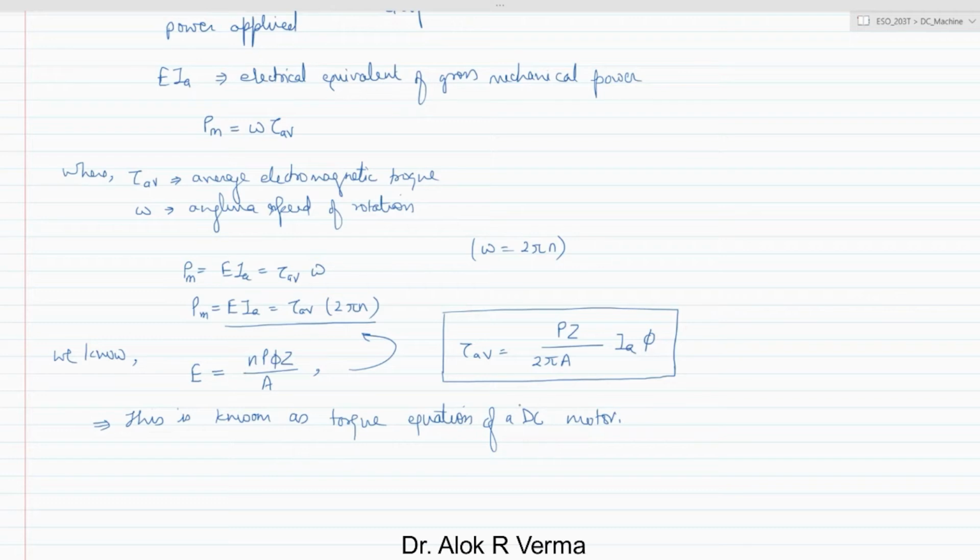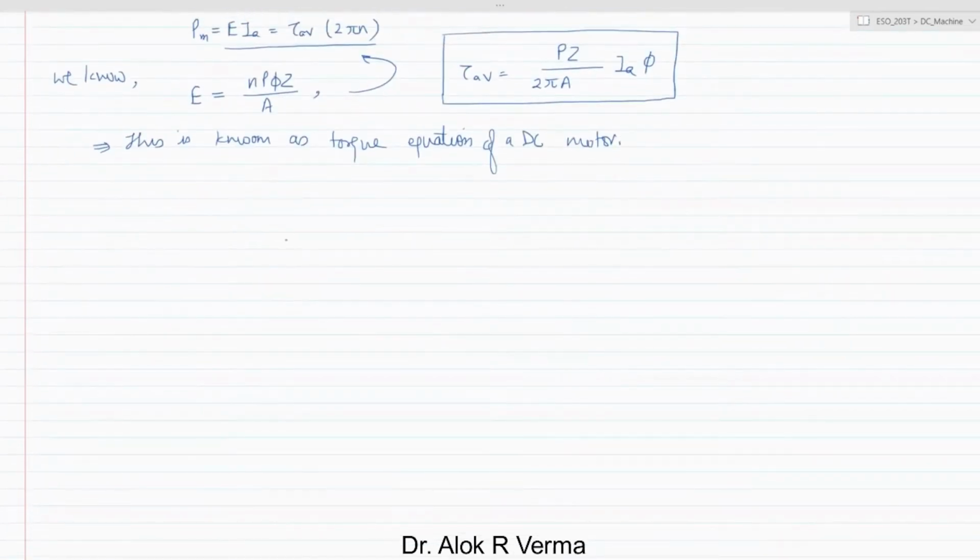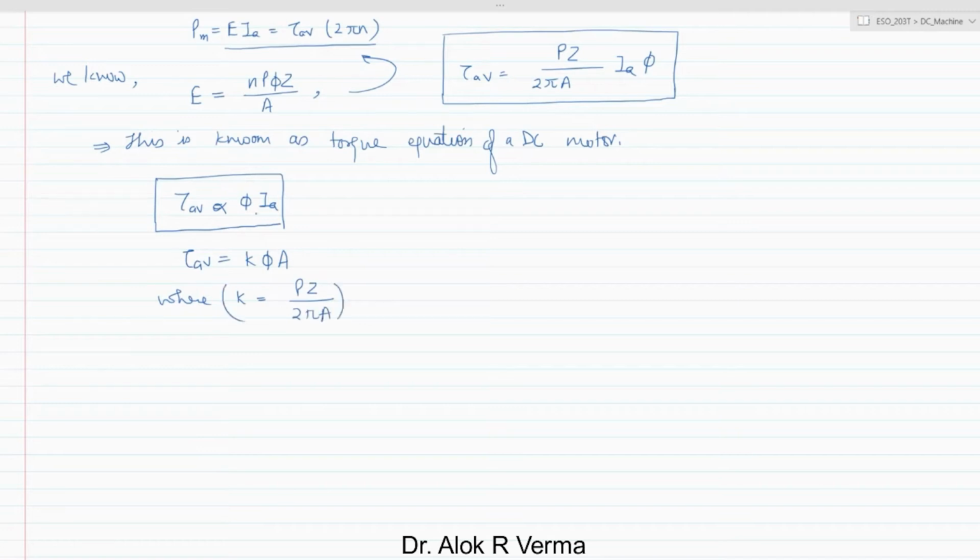From here we can clearly see a few very interesting observations. What are these observations? The torque produced, the average torque, is proportional to the product of phi into Ia, and the proportionality constant, if you write A times Ia, where A is nothing but Pz by 2 pi A. So this is an important thing.